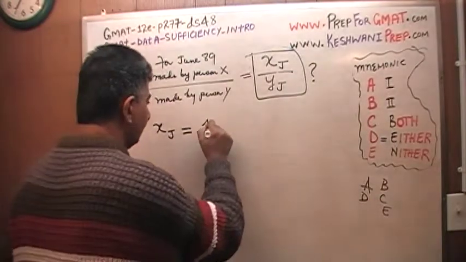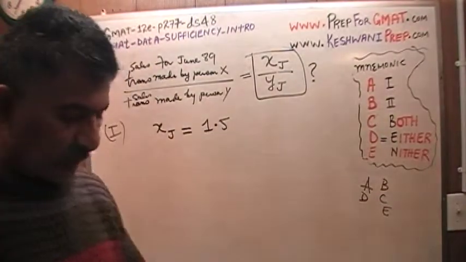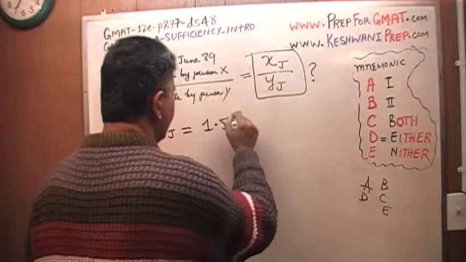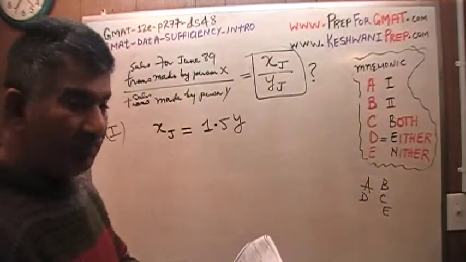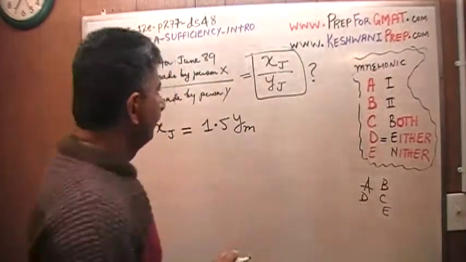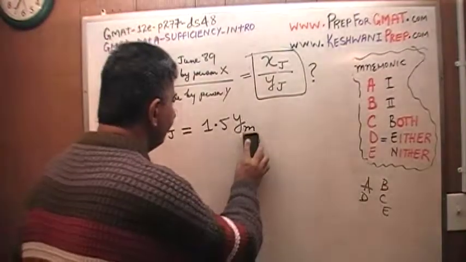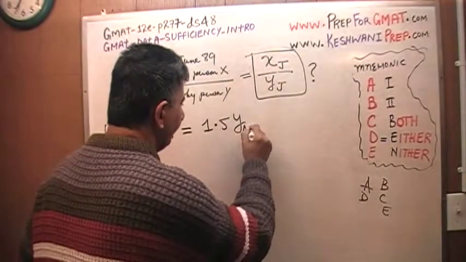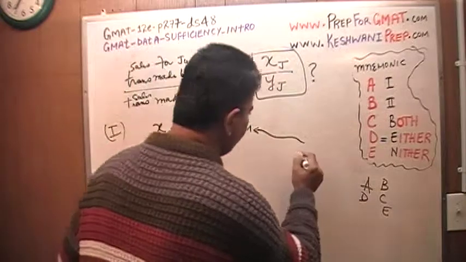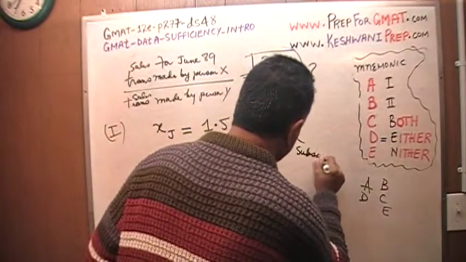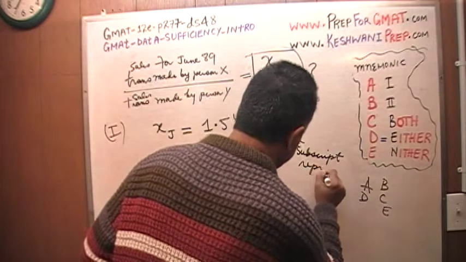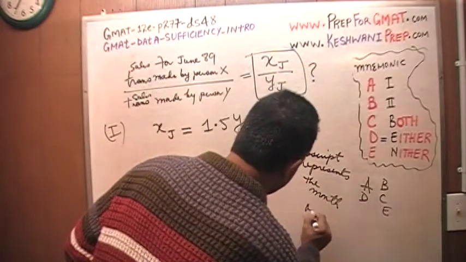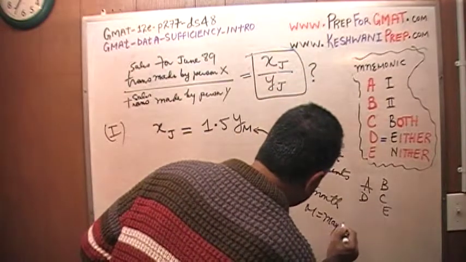So 50% more means 1.5 times. 1.5 times what? 1.5 times the sales transactions made by person Y, which is what we're calling small y, but in May of 89. Let's write down capital M. Since I put down capital J here for the month, this M, the subscript, represents the month, M being May of 89.